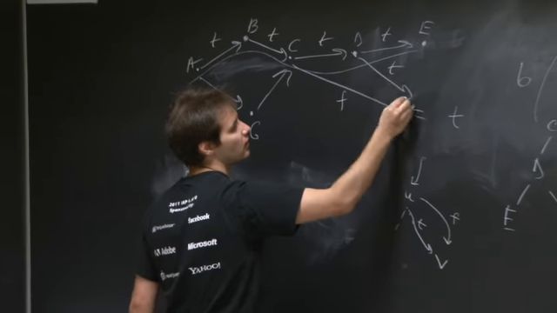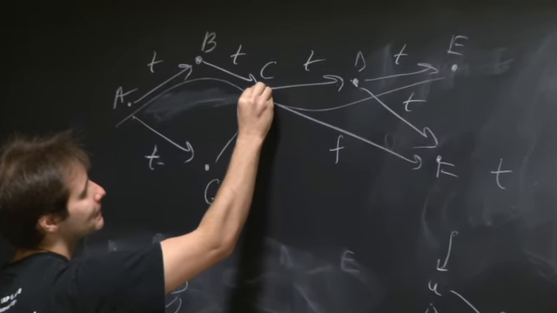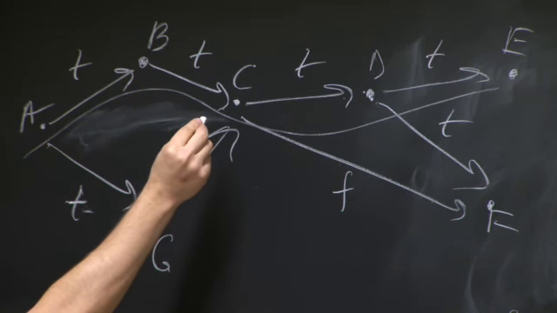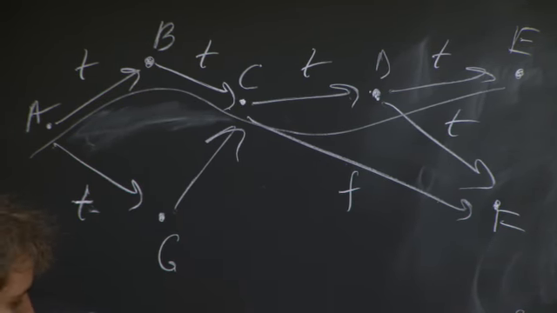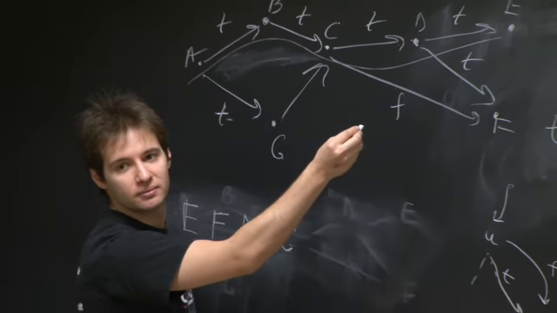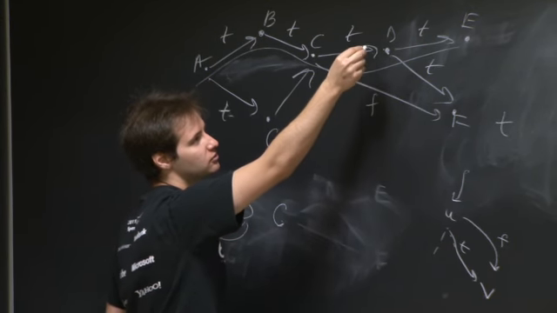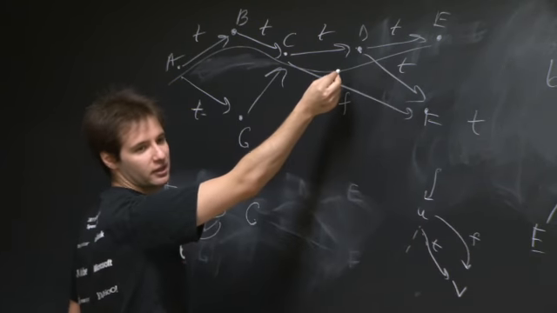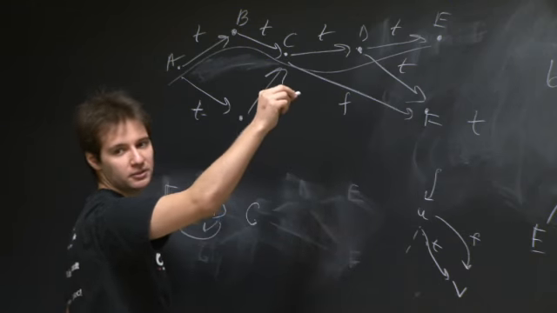So D, E, F, we get out of B, we get out of C. What do we do here? Print C, right? What classes depend on C? D, E, and F. I had a forward edge to D. Sorry, I had a tree edge to D. I had DFS visit here, so I know that all the classes that depend on C because they depend on D have been output.